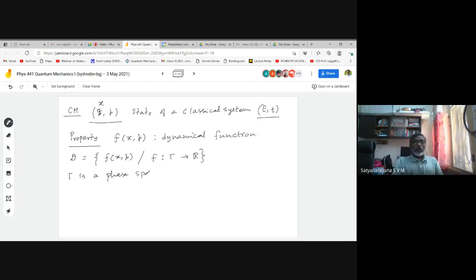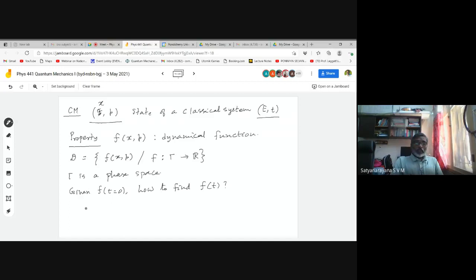That means for every point in phase space, there will be a real number. So this is your D. Now you can ask a question like this. Suppose given f, this property at time t equal to 0, how to find f at time t?